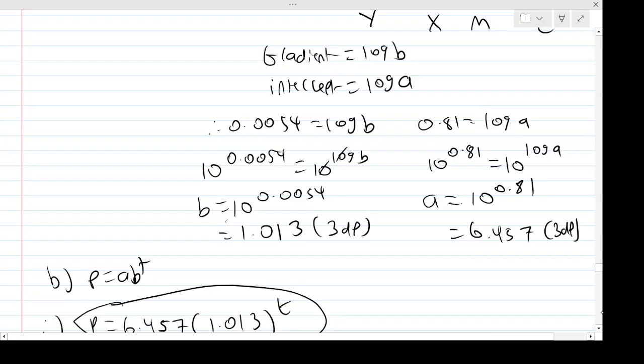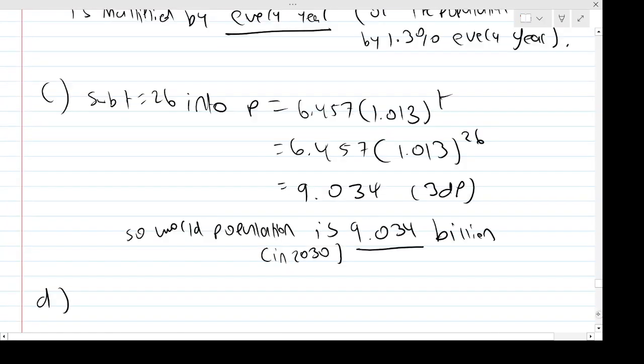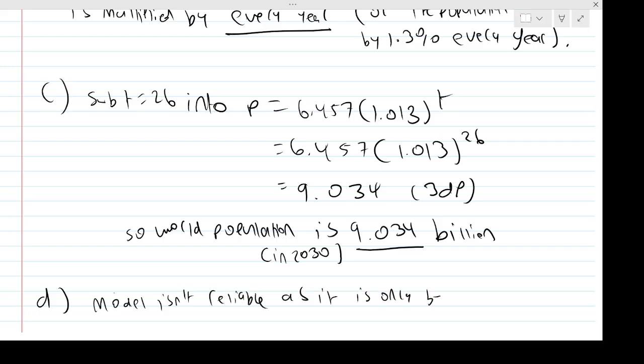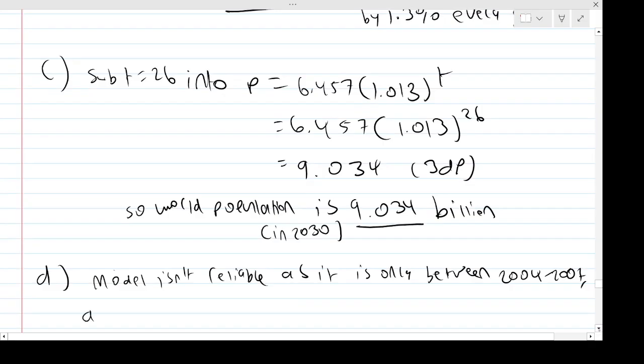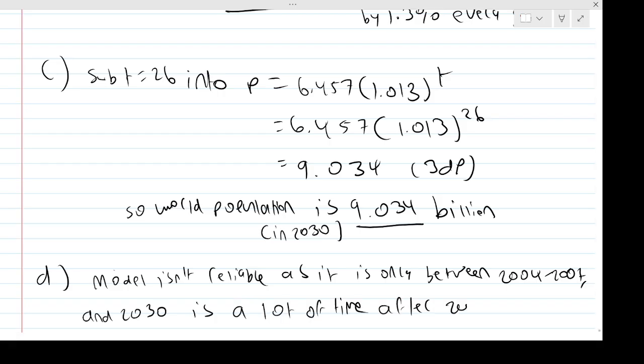So for that reason, we'll say the model isn't reliable as it is only between the years 2004 to 2007, and actually 2030 is a lot of time after 2007.